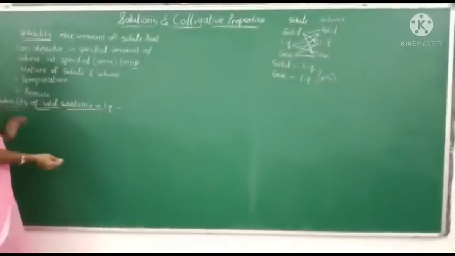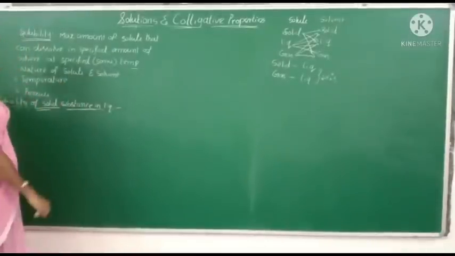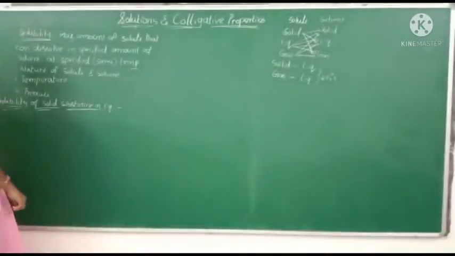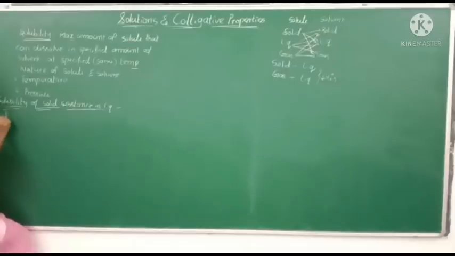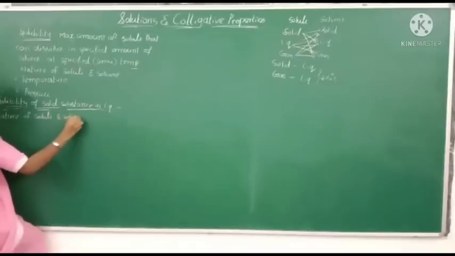For this also the three factors are affecting, that is, the solubility of a solid substance in liquid can also be affected by these three factors: nature of solute and solvent, temperature and pressure. What is the first factor? Nature of solute and solvent.